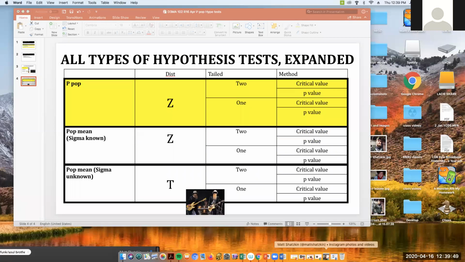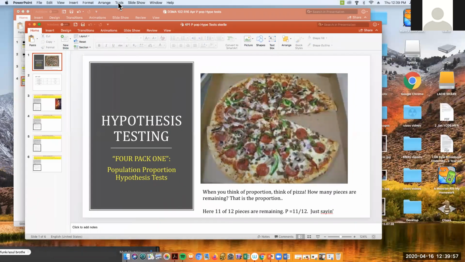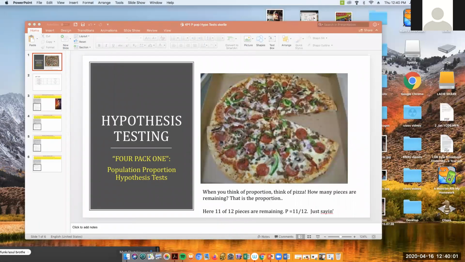With that, let me just find my slideshow down here. All right. So here's what we're going to do today.